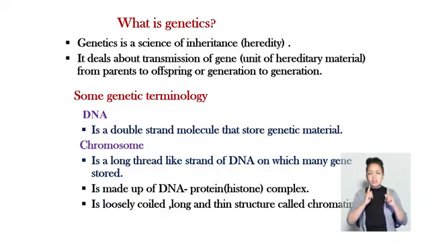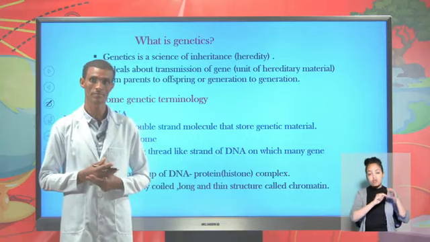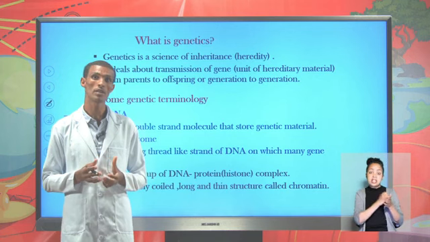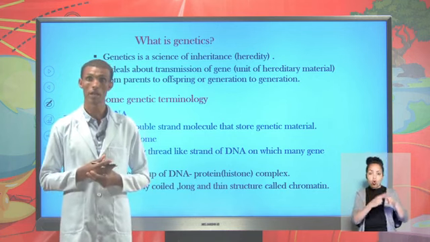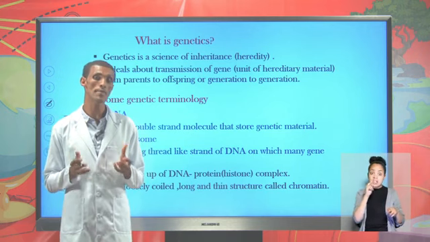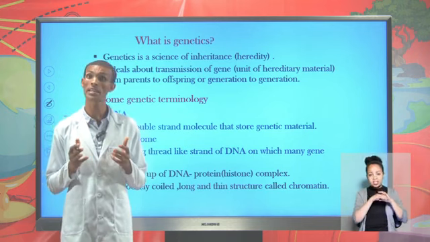There is some terminology that we deal with together with genetics. This includes DNA. DNA is one type of nucleic acid that is made from smaller monomers called nucleotides. DNA is very important in genetic material storage.